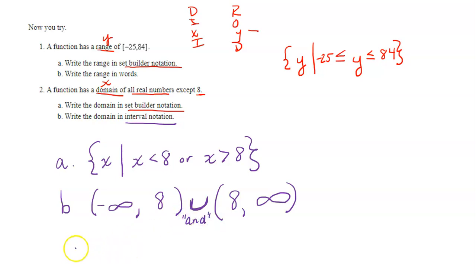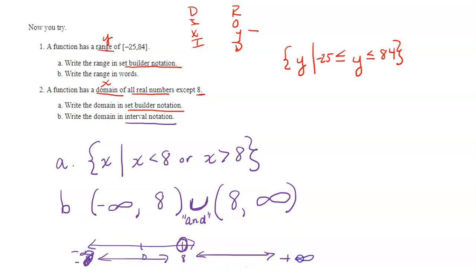So I know it's all of the numbers. If I were on a number line, it would be all of the numbers here, and then all of the numbers here, but not 8. That's why we have negative infinity, that's an 8, and this is positive infinity, or just plain infinity.